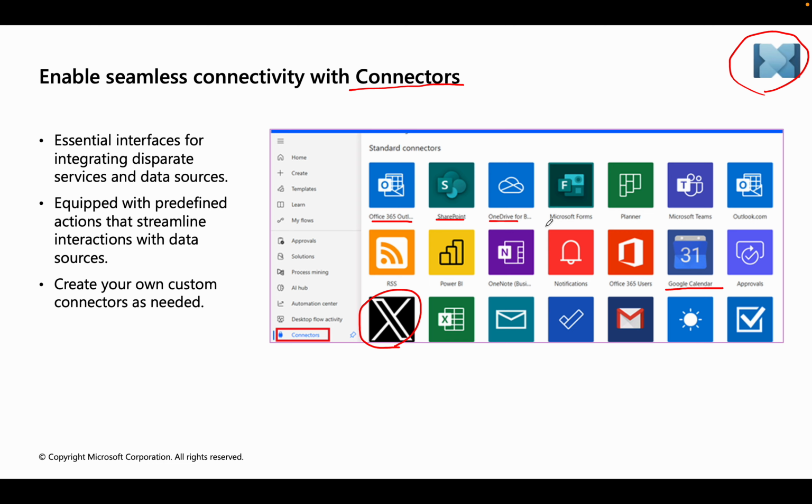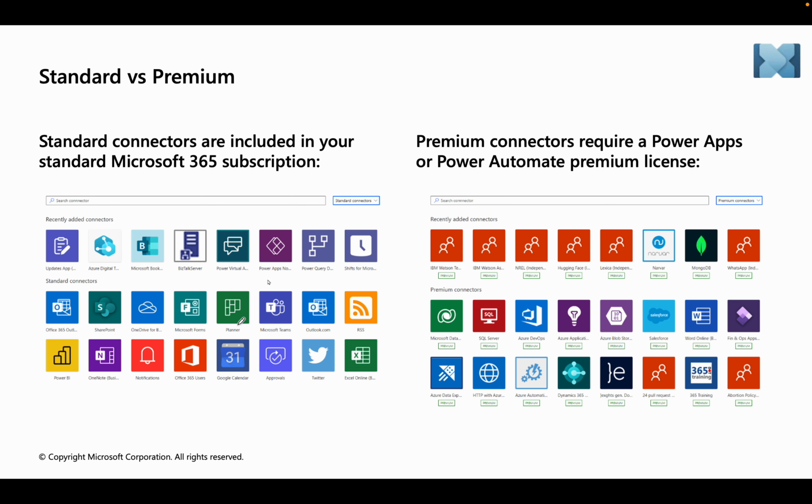Actually, if you want, you may create your own custom connector. For example, for some proprietary or on-premise system, you may use the tool provided by the Power Platform to customize your own connector. Then you may simply use those connectors inside the Power Platform. There are two kinds of connectors.